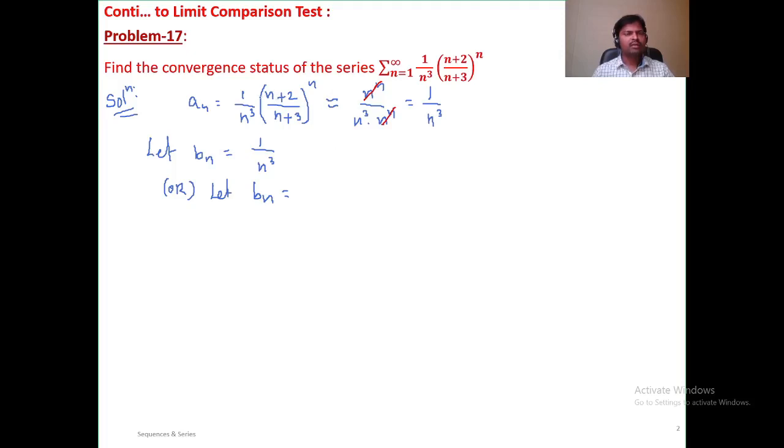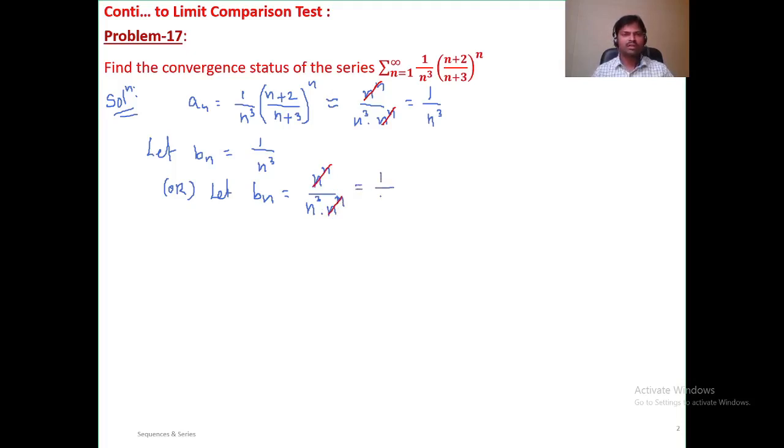From the numerator, maximum n power I can take common is n power n, so the numerator will be n power n. The denominator is n cube into n power n, which is the maximum we can take common. So overall n power n will cancel out, and finally we will get 1 upon n cube.